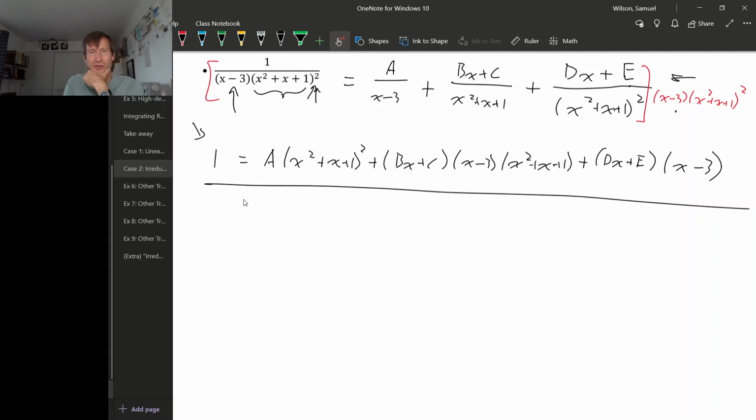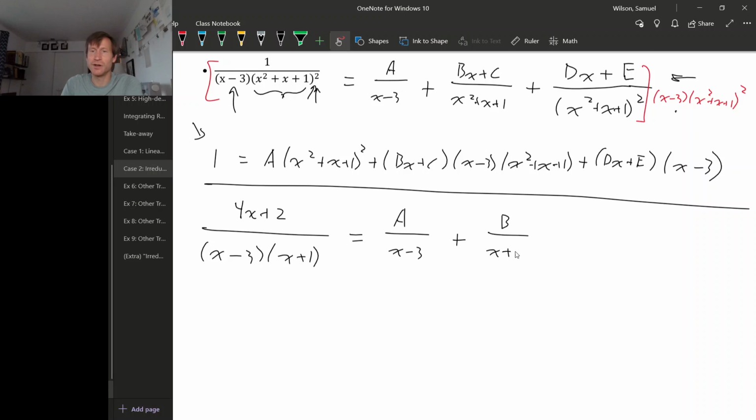So let's do, how about, (4x plus 2) over (x minus 3) times (x plus 1). Okay, so we know that our partial fractions decomposition is going to look like a over (x minus 3) plus b over (x plus 1).